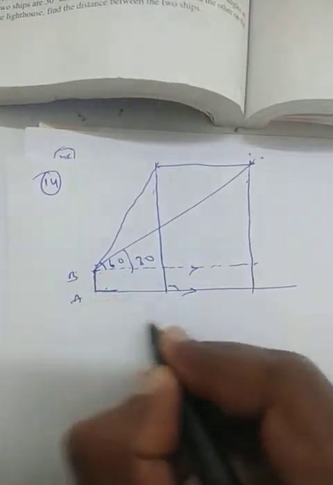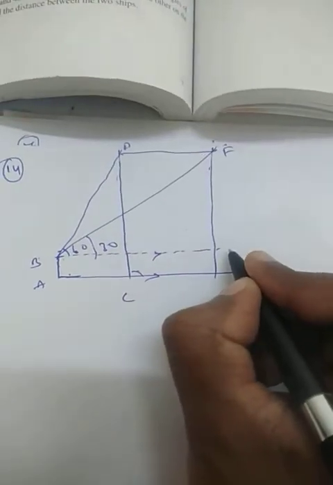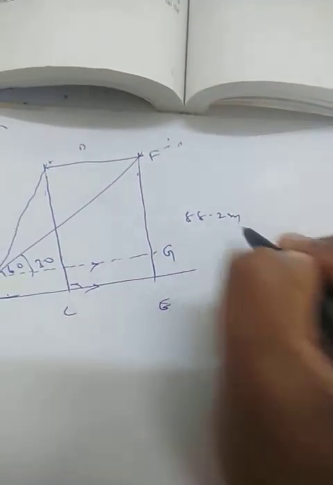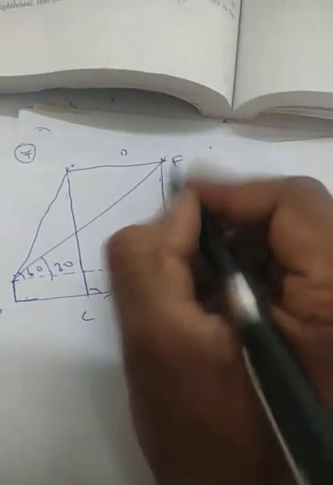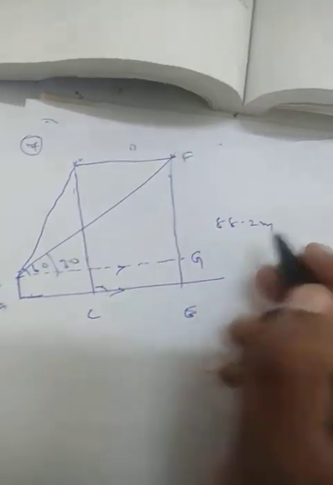Let us take these points as A, B, C, D, E, F, and let's take this as G also, which will be used. First, the total height here is 88.2 meters, from here to here. This gap and this gap will be equal. This is 1.2. Obviously, the FG height will be 88.2 minus 1.2.